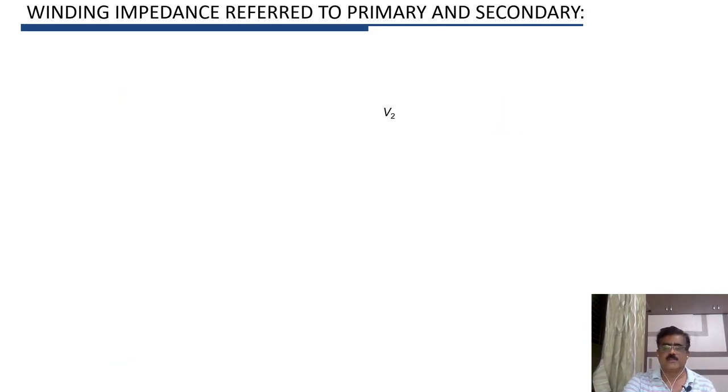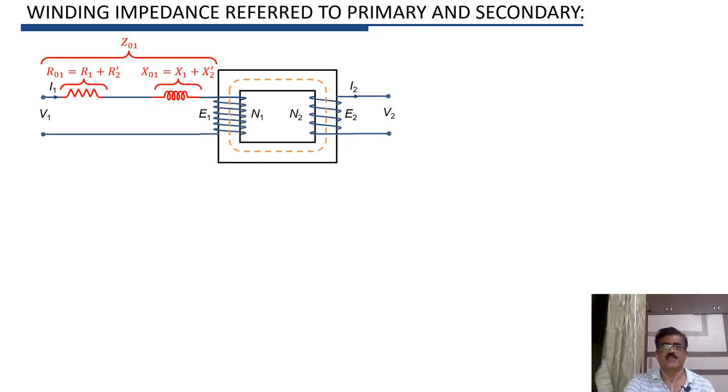Now we have seen total effective resistance as well as leakage reactance of transformer referred to primary and secondary. So if all the parameters are transferred on primary side, we get total resistance of transformer as referred to primary, that is R01, and total leakage reactance as referred to primary, that is X01.